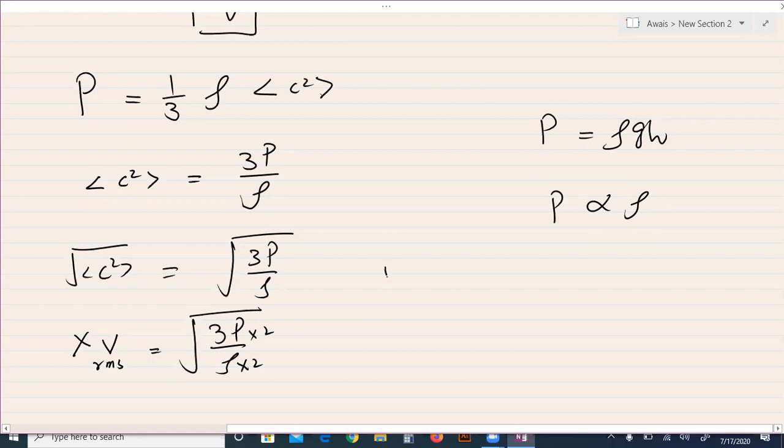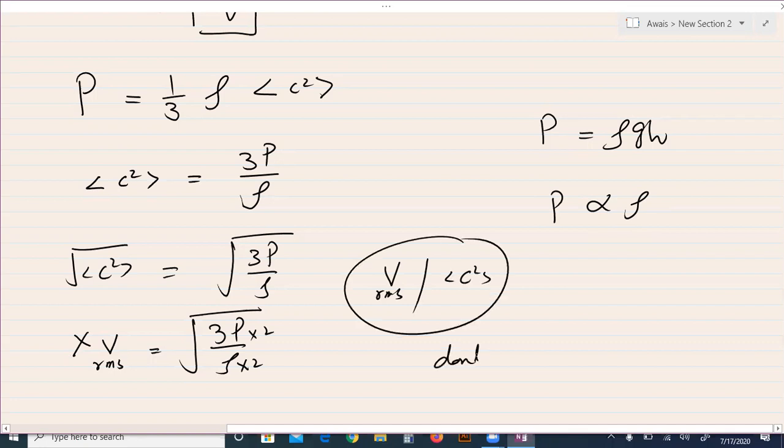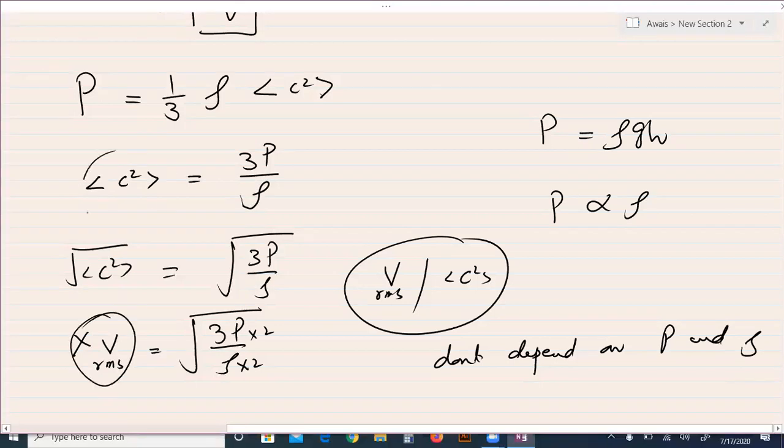It means VRMS, root mean square speed, does not depend on the pressure and density of the gas, because when the pressure becomes double, the density becomes double. So it is only calculated by these two.